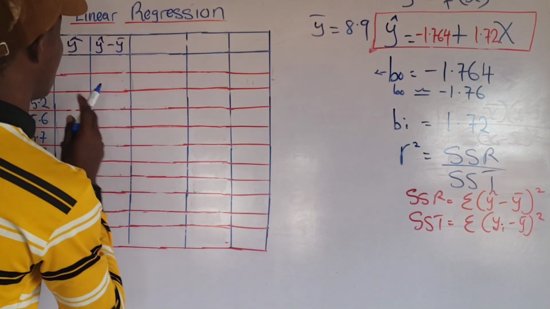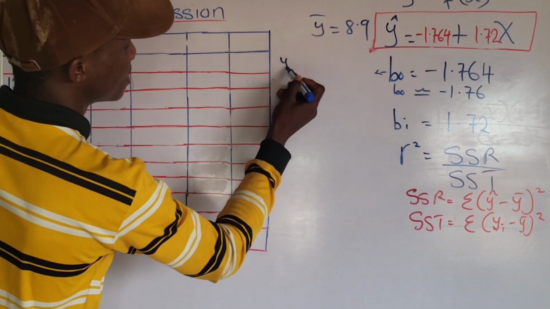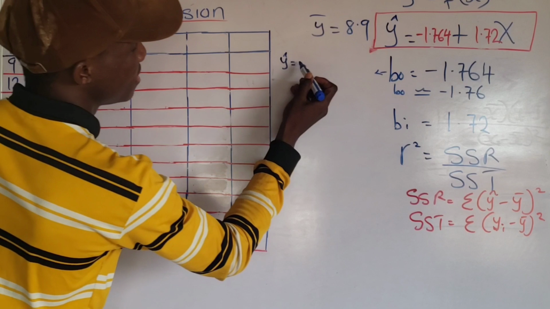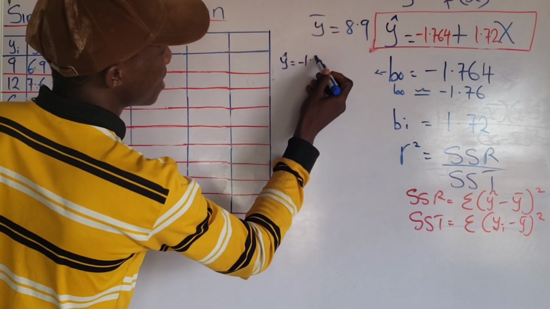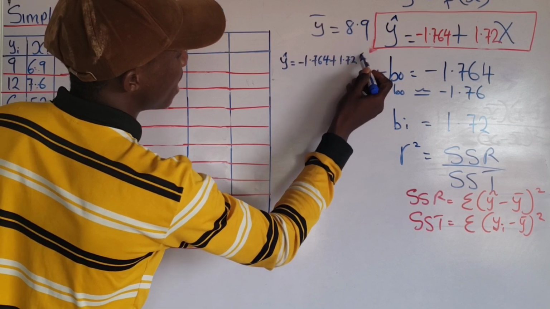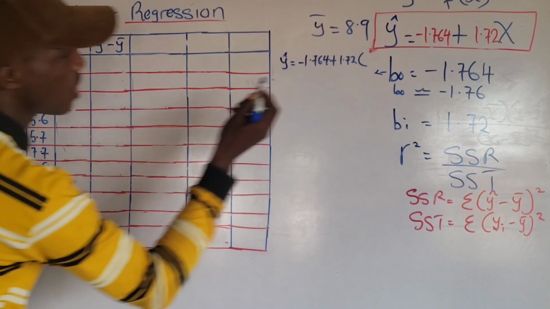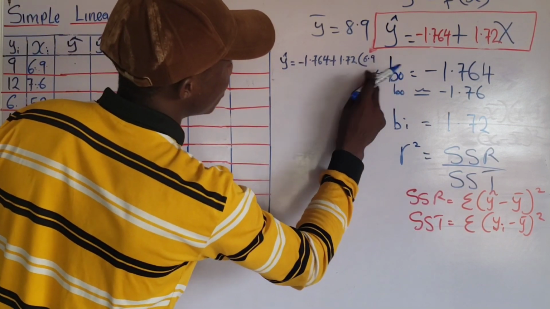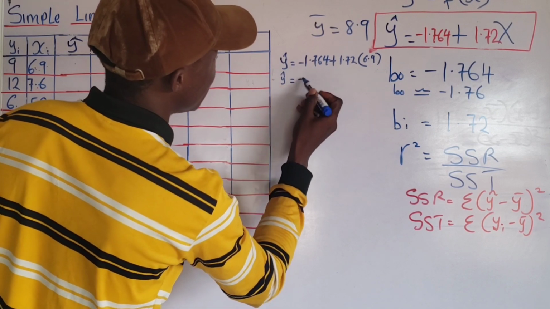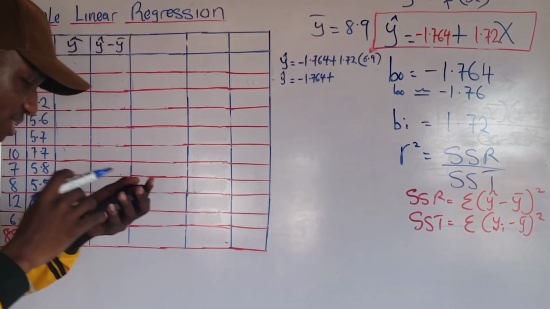Now I want to get the value of these cells, which is the predicted value of y. For the first cell, the predicted value of y is equal to negative 1.764 plus 1.72 multiplied by x. The corresponding value of x for this cell is 6.9. So the predicted value of y will be equal to negative 1.764 plus 1.72 multiplied by 6.9.